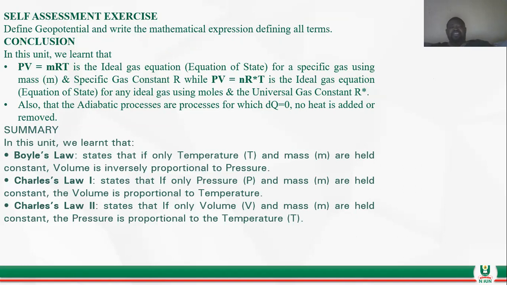Conclusion. In this unit, we have learned that PV equals mRT is the ideal gas equation, while PV equals n R star T, with small n, is the ideal gas equation or equation of state for any ideal gas using moles and the universal gas constant.